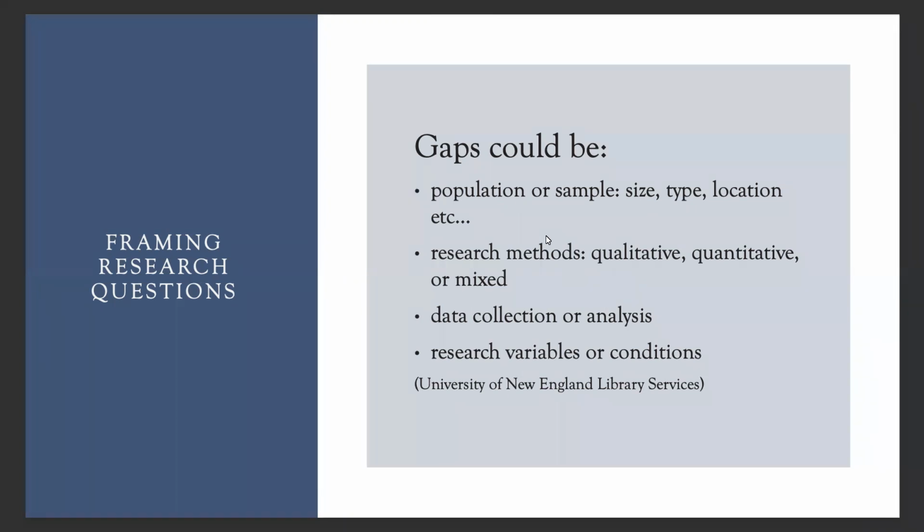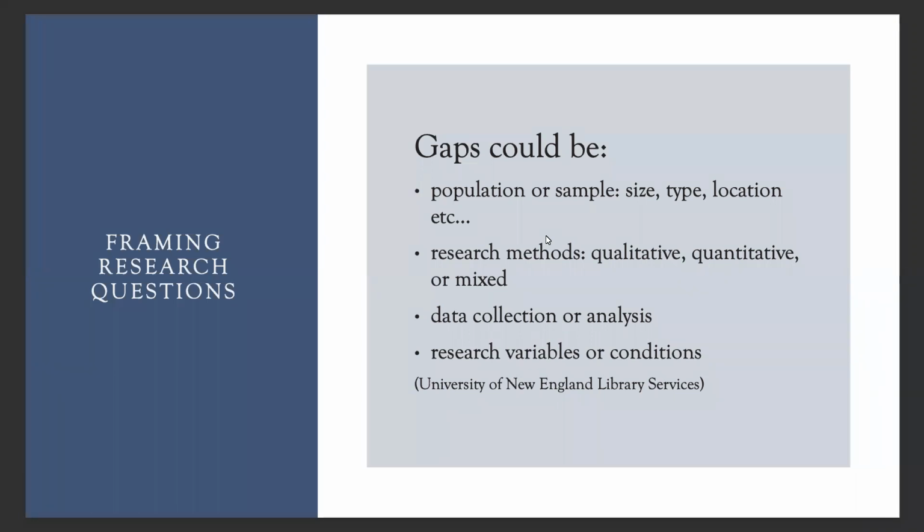So a research may have been conducted for an individual state, but maybe the research has not looked at the entire country, all the states. So you can just increase the population or sample size by stating that, okay, the literature looks at individual states, but it has not looked at the national level, so I'm increasing the population sample.